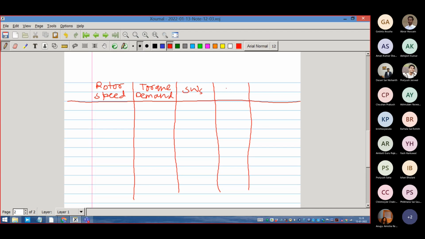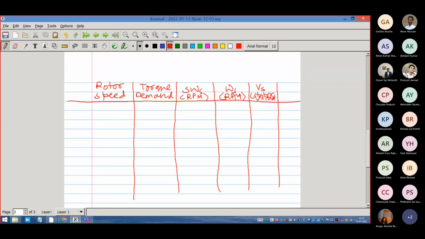I will write all in RPM for my convenience. You understand what I mean; the actual thing is easily convertible to radian per second. I am just writing in the sense that we normally understand. And then I should decide what the stator voltage should be. Vs means stator voltage.